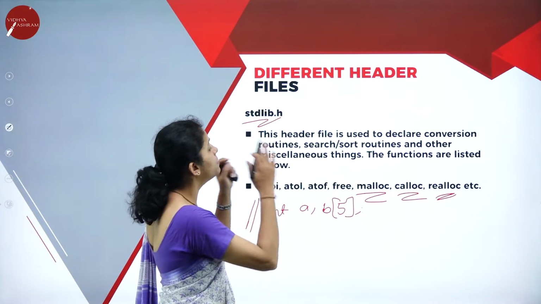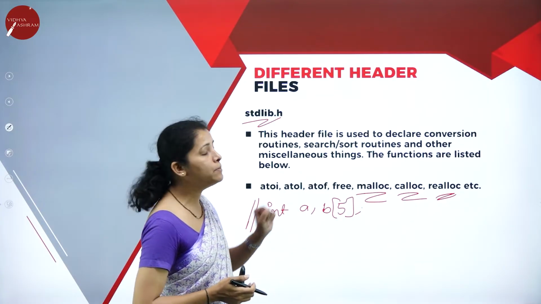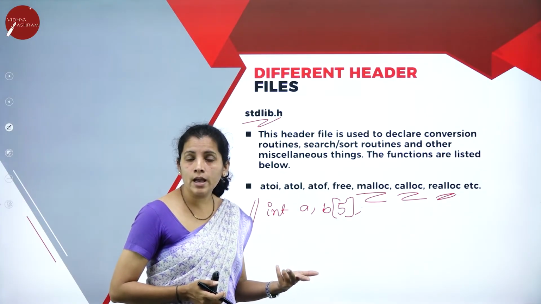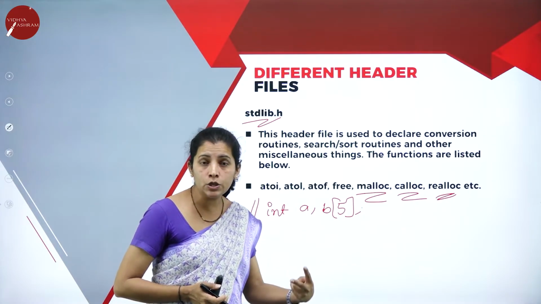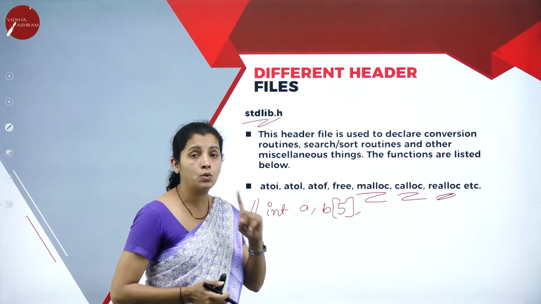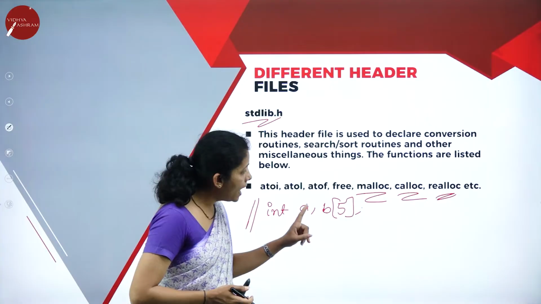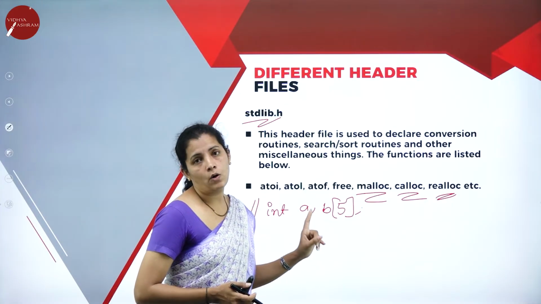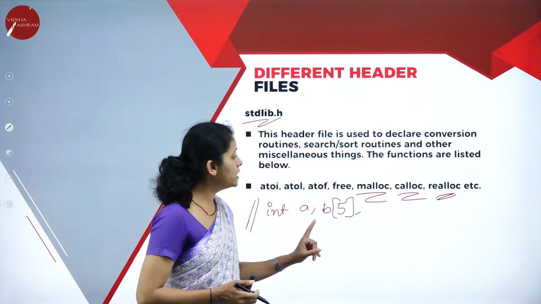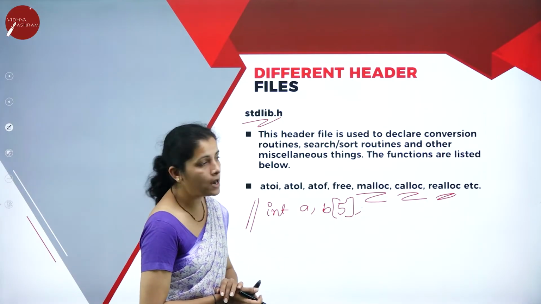That means at the beginning of the program itself, I'm going to allocate the memory. Then what is dynamic memory allocation? During the execution of the program, we allocate the memory, and those are called dynamic memory. Examples: malloc, calloc, and realloc.